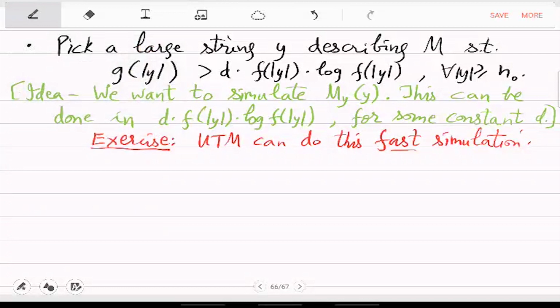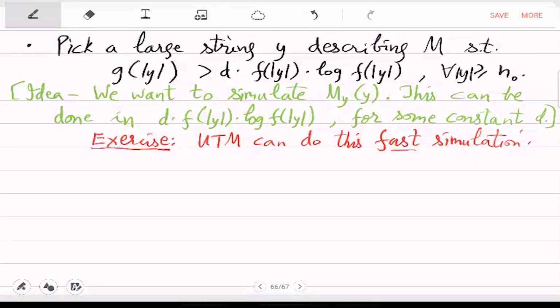When you simulate, there will be some blow up because you have to keep overhead. You have to remember the tape information on the tape of the universal Turing machine. All those checks and balances blow up the time, but it doesn't blow up more than a factor of log. This you will do, I think, in one of the assignments.